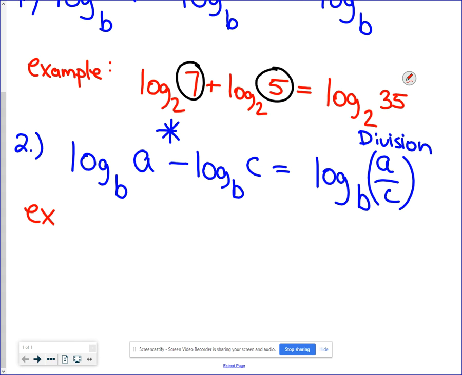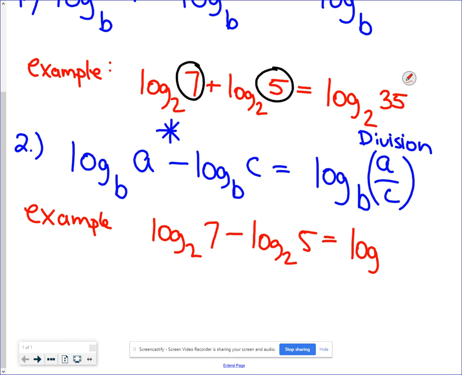Let's say we have log base 2 of 7 minus log base 2 of 5. We want to combine those together as a single logarithm. Well, they're both base 2. We're subtracting, so to write it as a single logarithm, we would use division. So it would be log base 2 of 7 divided by 5.